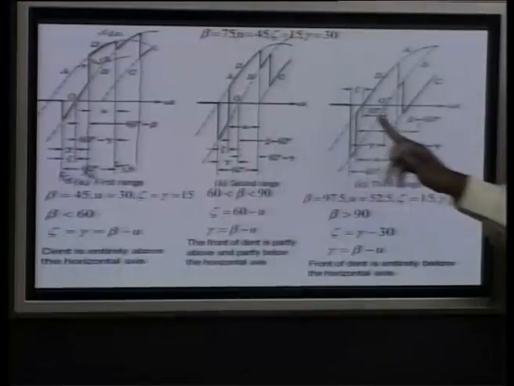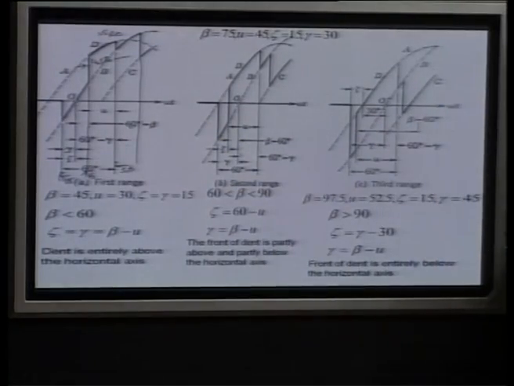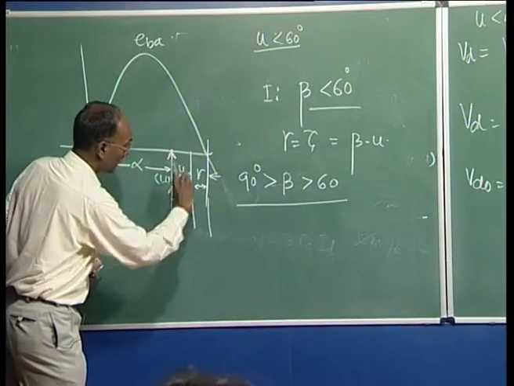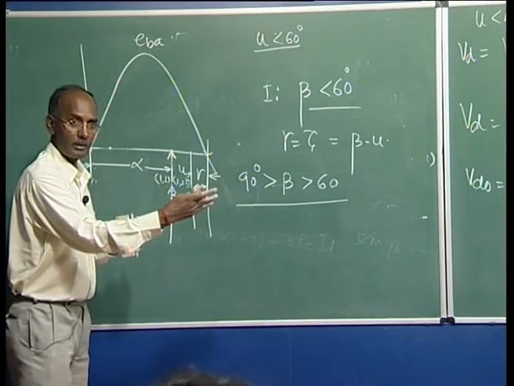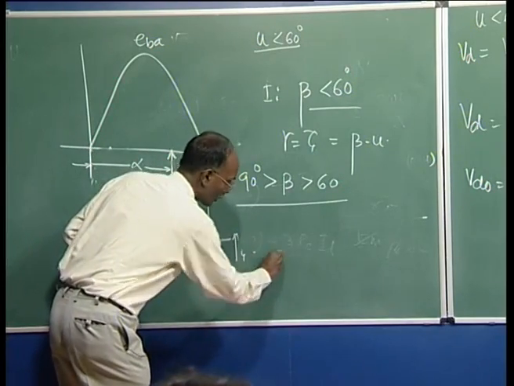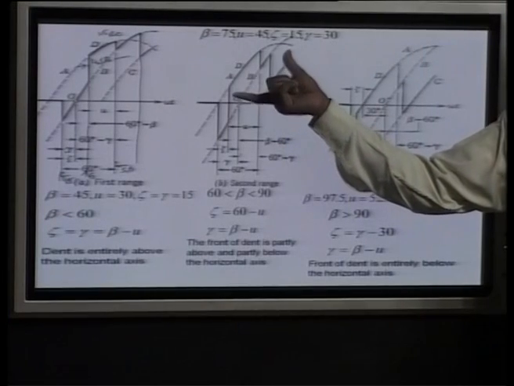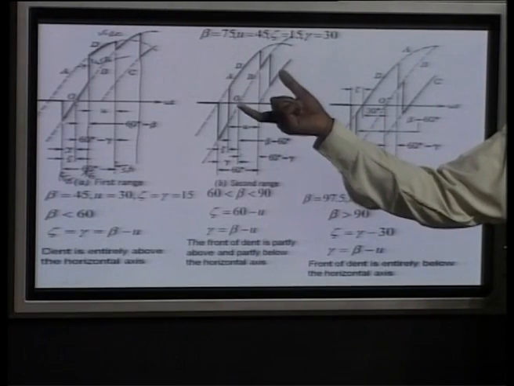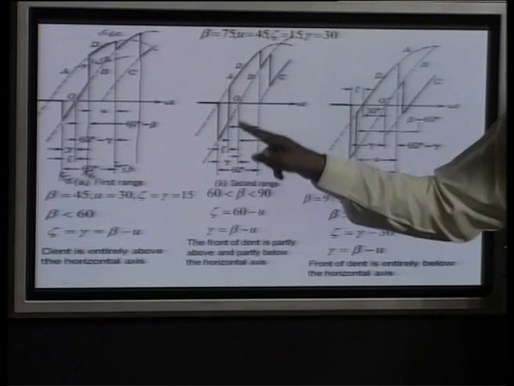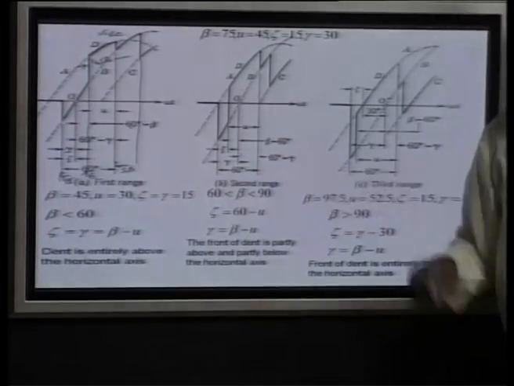Now this is going to shift, because always the period between a valve firing and the next valve firing is 60 degree; after valve 3 you are giving valve 4 and so on. So the width is going to change depending on your beta and u as well. It is going to be wider, and there is a possibility it is just shifting here and we are having this one at this point.